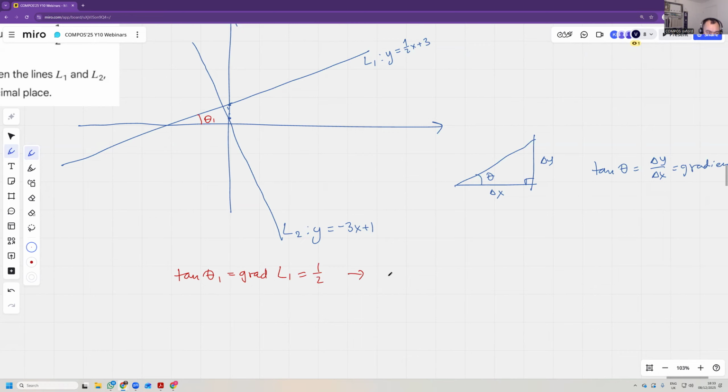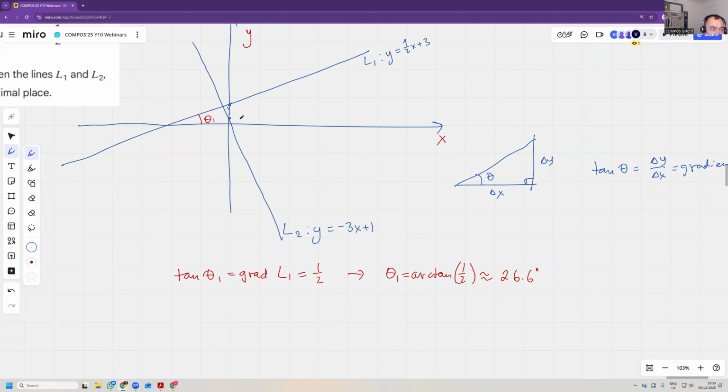So if tan theta 1 is 1/2, then theta 1 is arctan 1/2, which is approximately, arctan, where I'm in radians, so let's switch to degrees. Arctan of 0.5 is approximately 26.6 degrees.